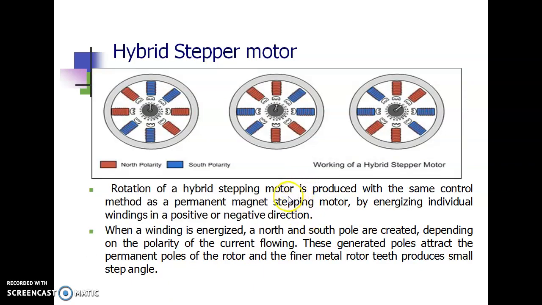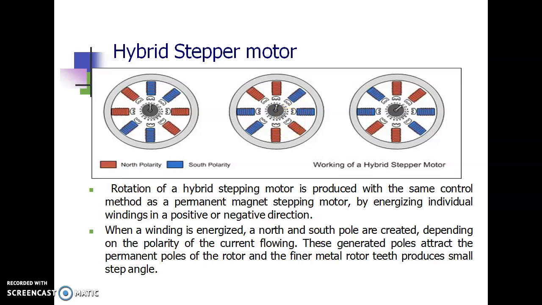Rotation of a hybrid stepper motor is produced with the same control method as a permanent magnet stepper motor, by energizing individual windings in a positive or negative direction. By energizing the coils, this rotor is going to rotate. This is also a permanent magnet.